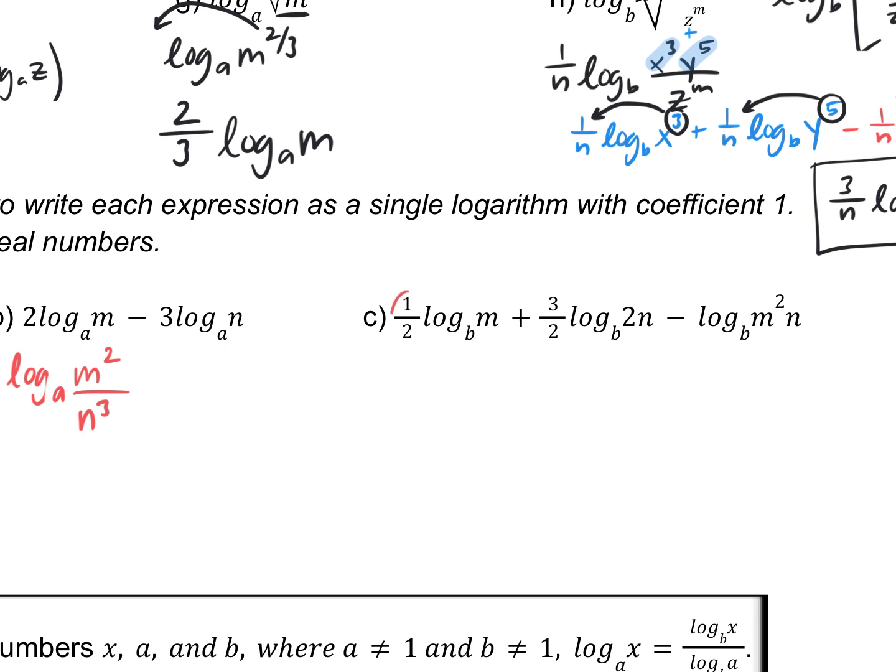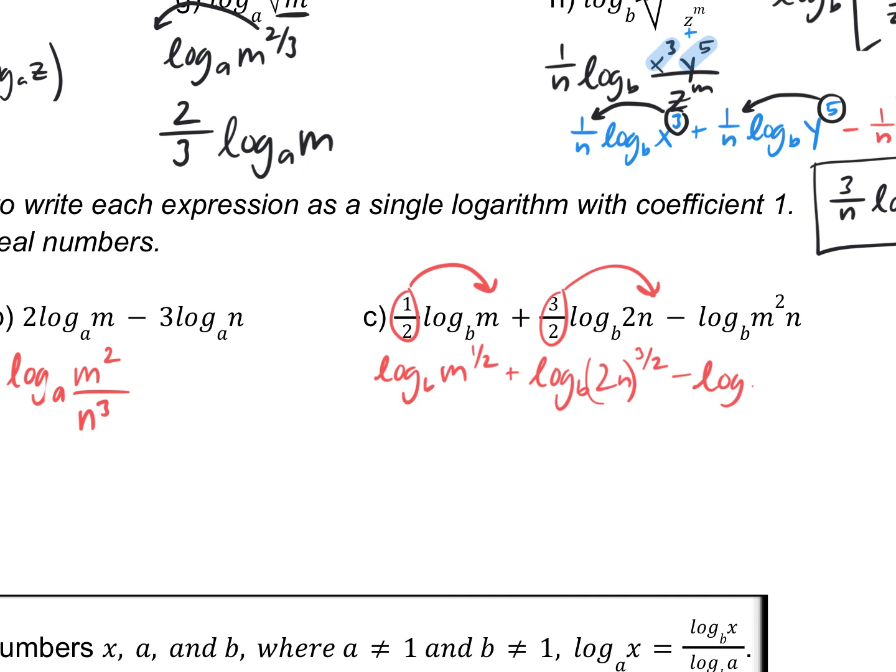I'm going to take all of my numbers in front and make them powers again first. Some of you guys might have put the square root of m. That's fine too. And then since we're adding, what operation do I do when I'm adding?